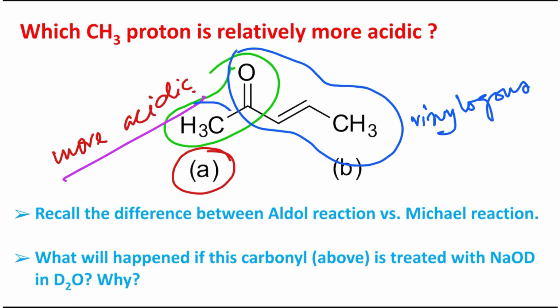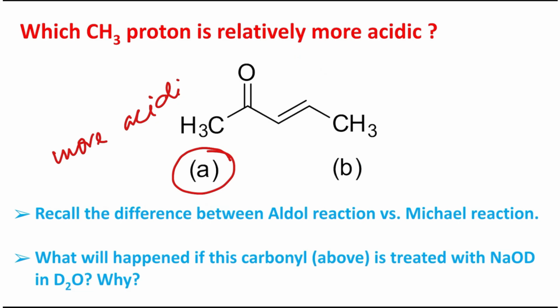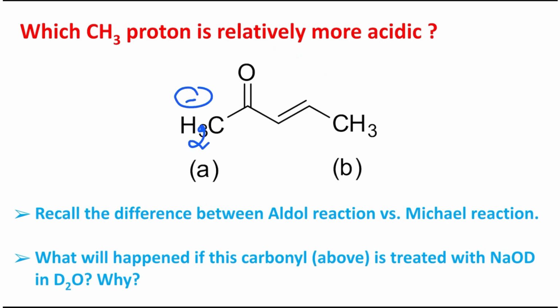Because after deprotonation of this methyl, it will produce a carbanion here, means this will be CH2 minus. Now this carbanion is resonance stabilized, true. In the second case also, the carbanion is resonance stabilized, this is the CH2 minus.